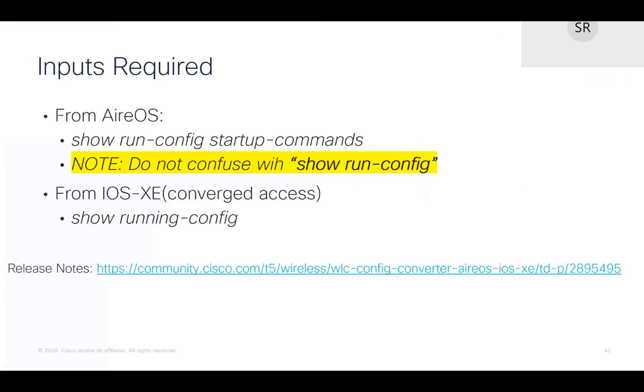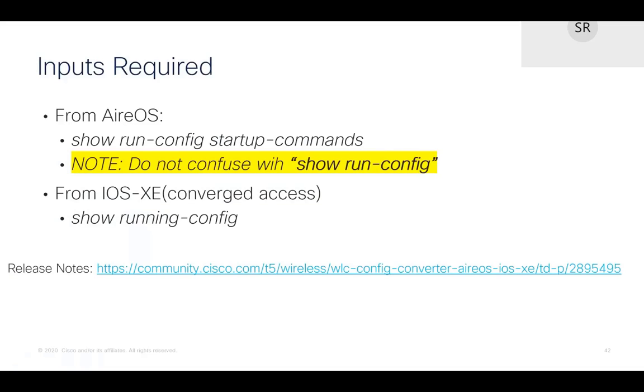Since this tool has been used, there's not a month that goes by without this issue, and that's why I'm highlighting the input here. The input required for the config analyzer tool is the one highlighted in yellow, show run-config, which is a completely different output from the input required for this config conversion.